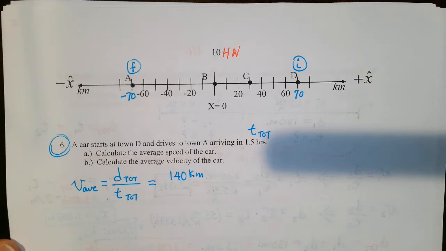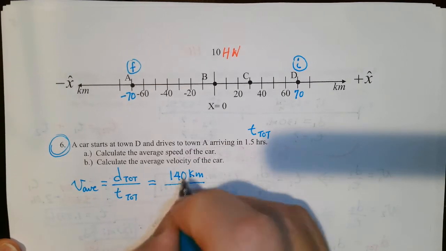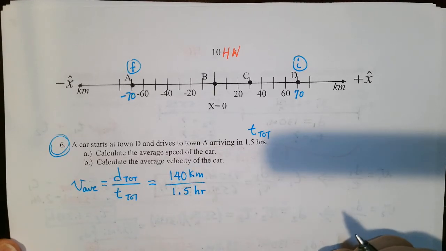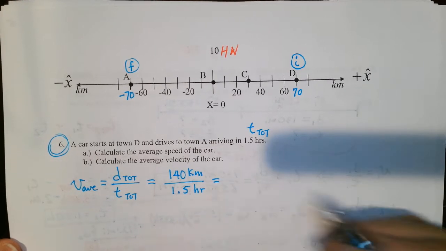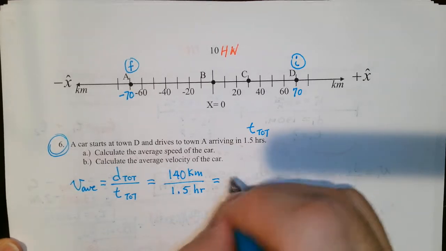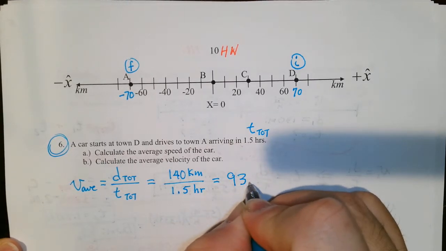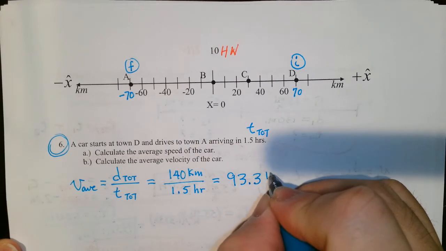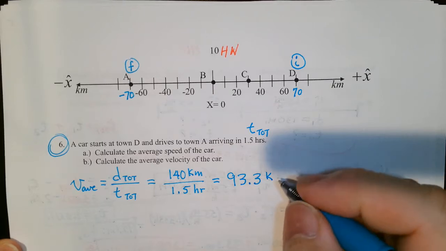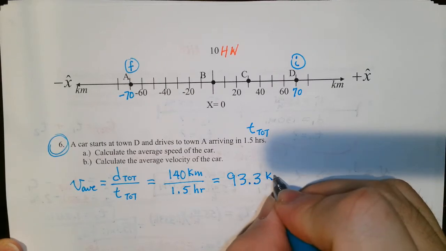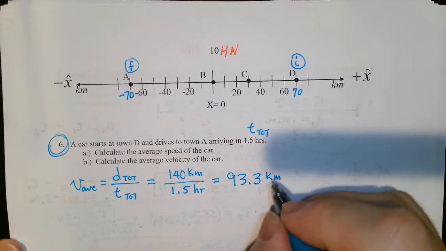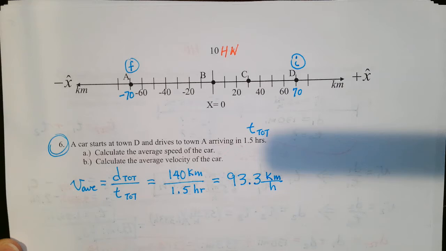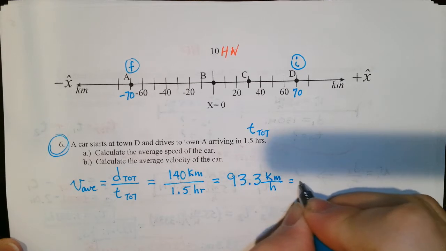It's just total distance. Divide that by total time, which is 1.5 hours. Therefore, when you do this, you'll get 93.3 kilometers per hour as your average speed.